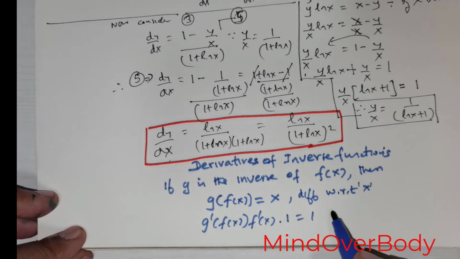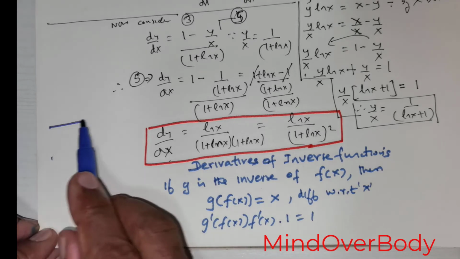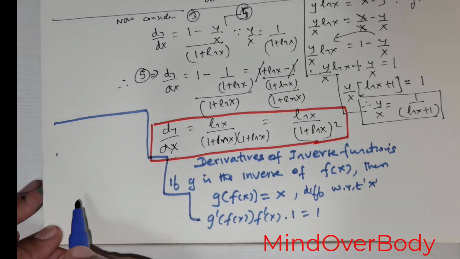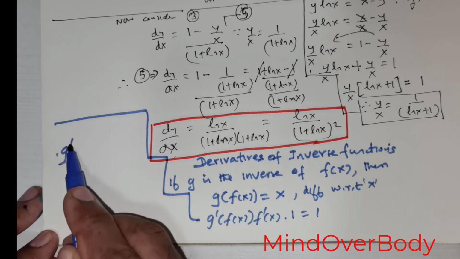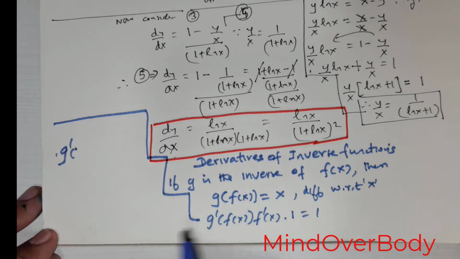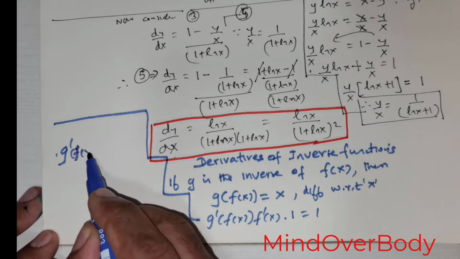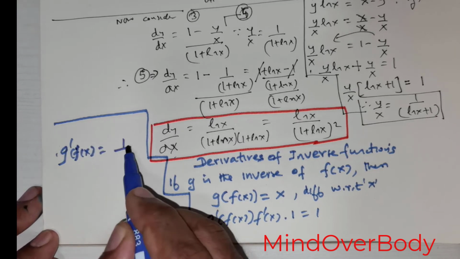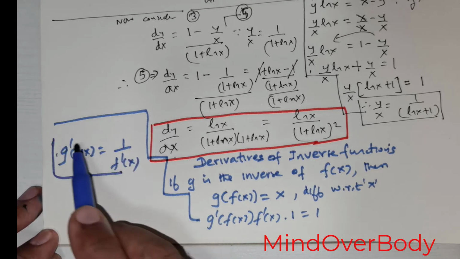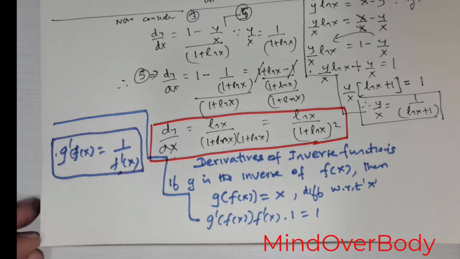Now I can rewrite this entire equation as g dash of f of x is equal to 1 over f dash of x, and this is exactly the formula we will be using.